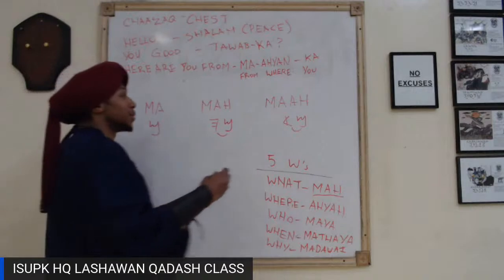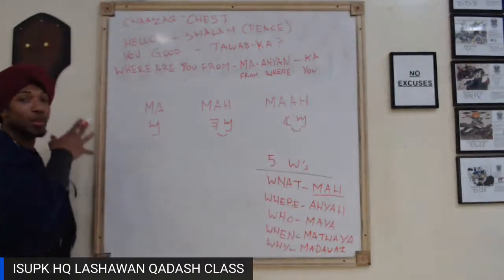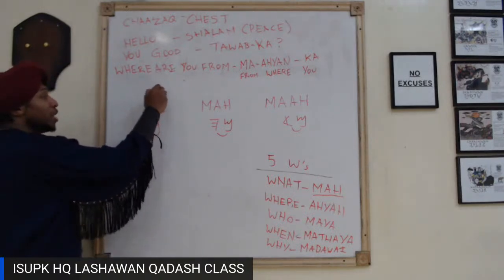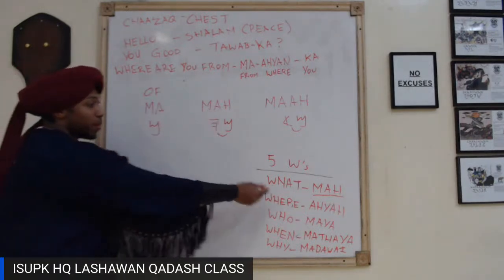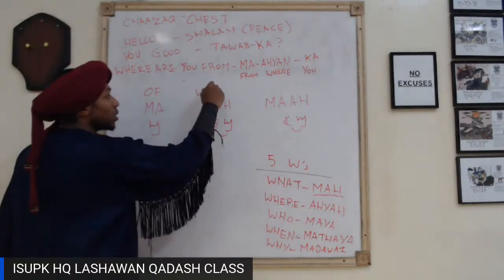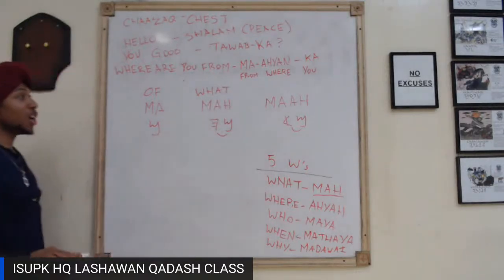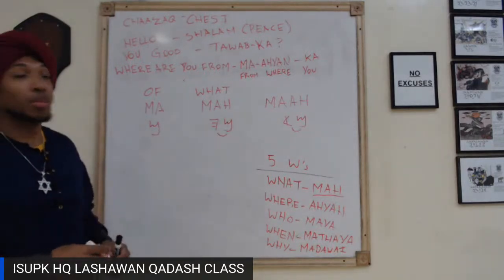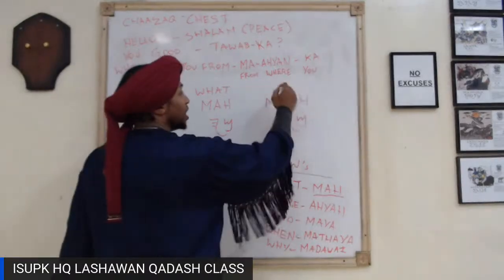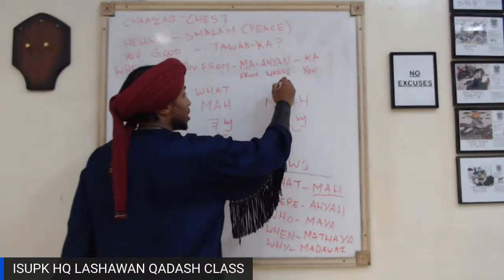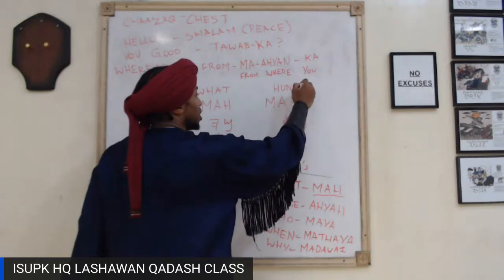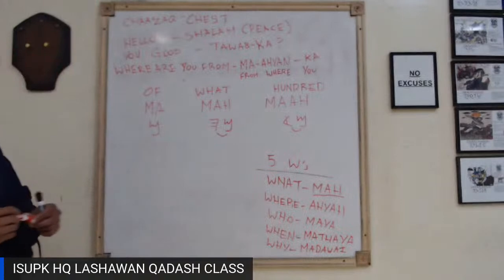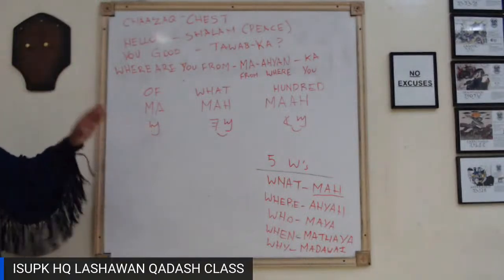Now we know what these are, right? The importance of it is what they are. Ma is of. We went over that already. This same ma is the same ma right here. Now, if you're talking, I gotta know whether you say of or you say what. You see what I'm saying? And ma is 100. This is the word for the 100.